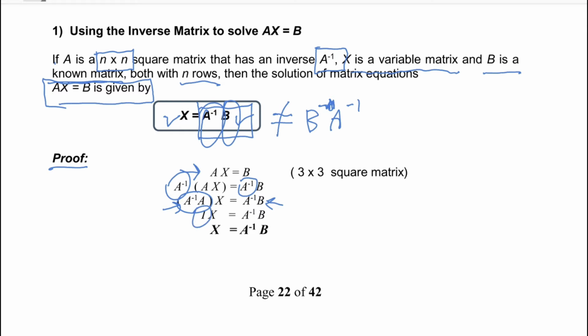Then the identity matrix, when you multiply it with a matrix, you will get the matrix itself. So that's why X equals A inverse B. That is the first step. The second step, your job here is to find the A inverse. To find the A inverse here is by using the adjoint method that you have learned before.